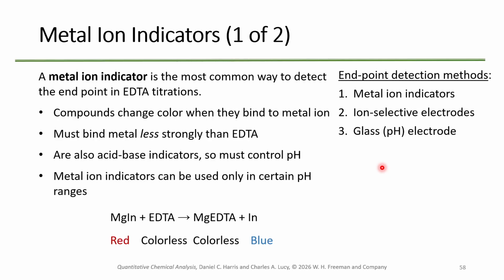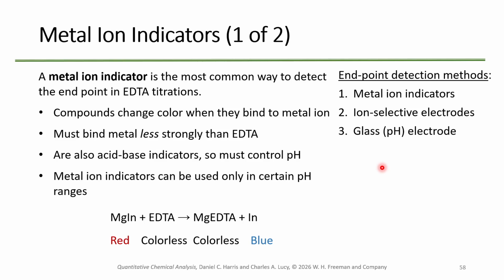Okay, so let's talk about metal ion indicators. This is actually the most common way to detect the endpoint in EDTA titrations. The compounds change color when they bind to a metal ion. They must bind metal less strongly than EDTA so that they can be displaced by the EDTA. They're also going to be acid-base indicators, so you have to control the pH. If you allow your pH to change, most of these indicators will change with that.